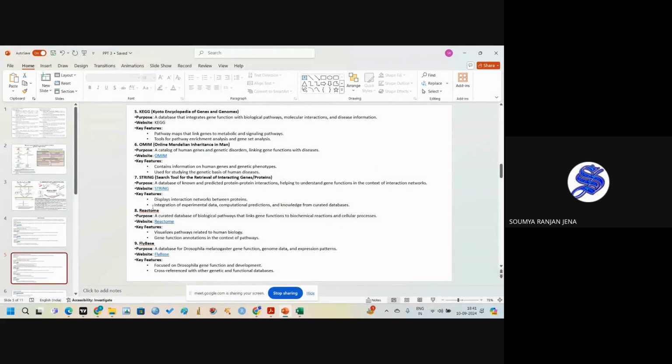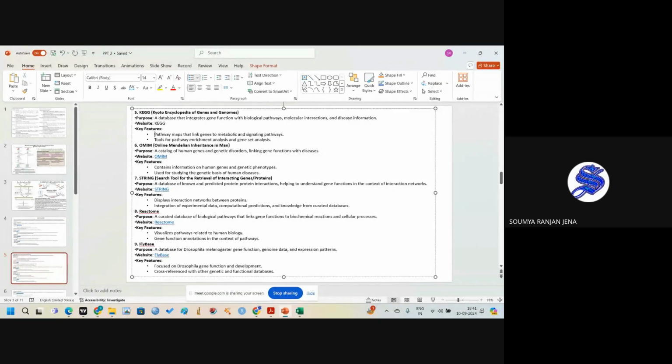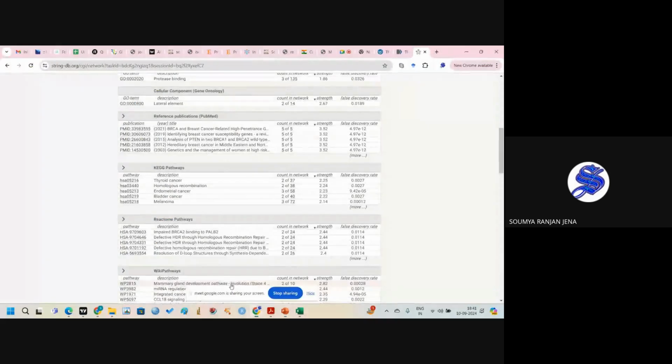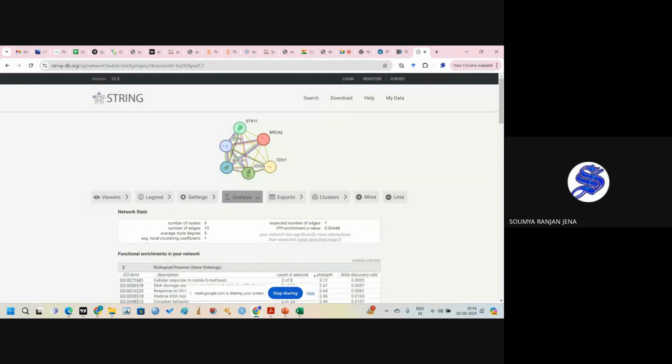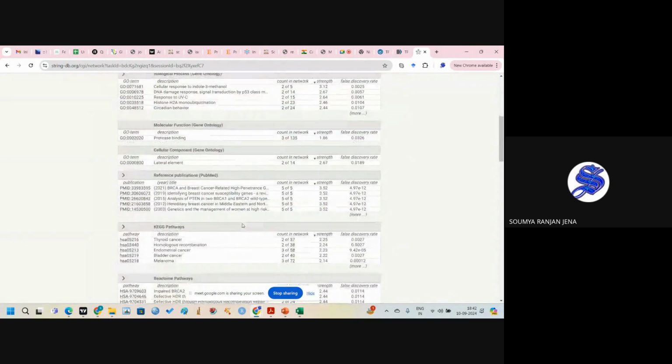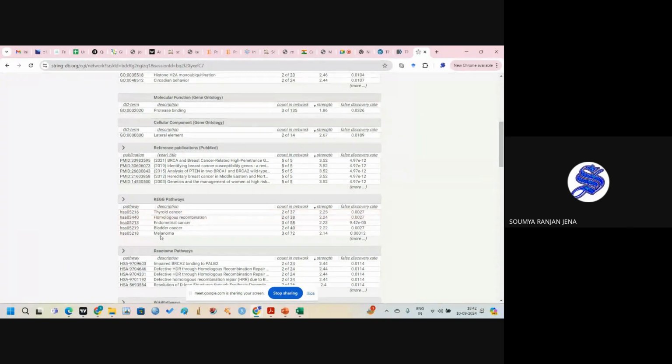Here we have described Reactome and KEGG. These give the pathway maps that link genes to metabolic and signaling pathways. Here you can also see the visualized pathway related to human biology. You can find here the KEGG pathway. If you mutate, overexpress, or underexpress these 7 genes, it will cause thyroid cancer, and it will dysregulate homologous recombination.